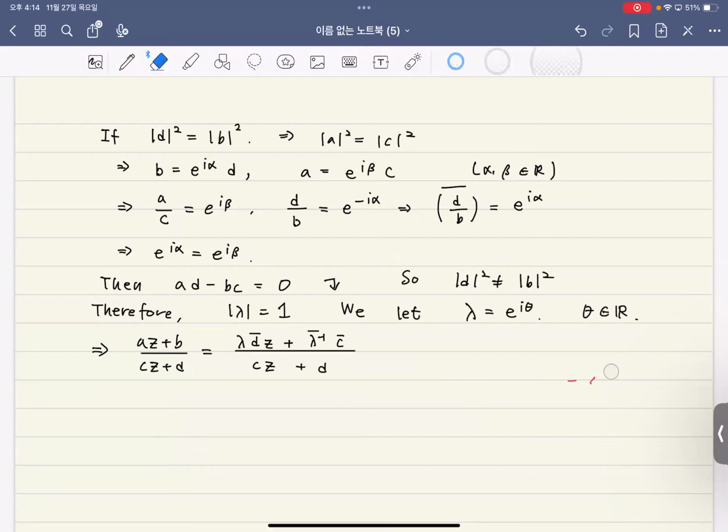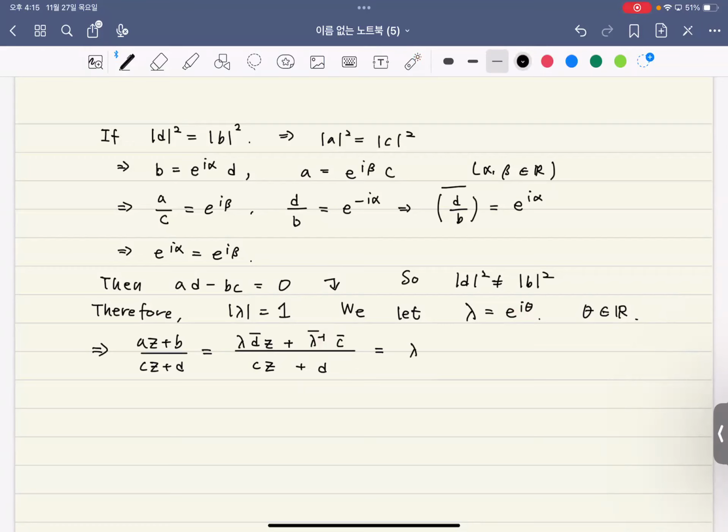Okay, hold on. But what is my lambda? Lambda was e to the I times theta. If you take the inverse of this, it's going to be e to the minus I times theta, and now you take the complex conjugate, and this is going to be just lambda itself.